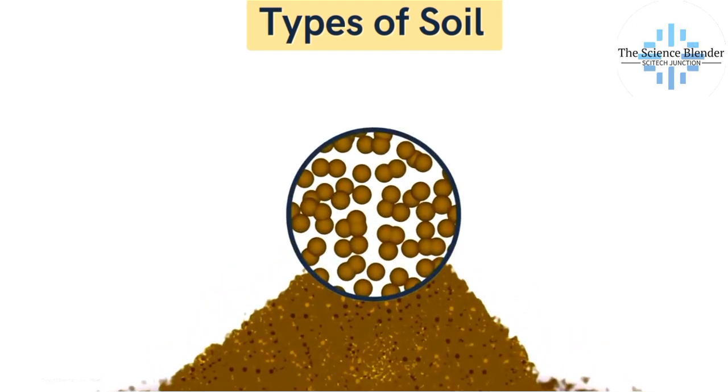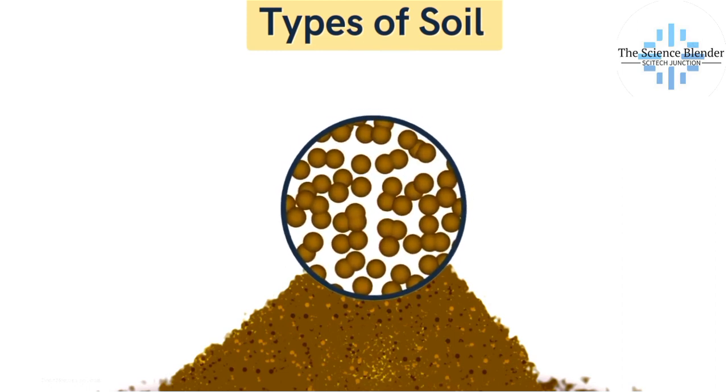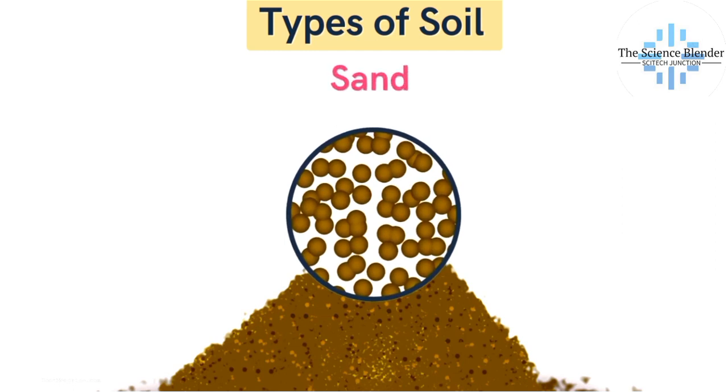Let's zoom in. You can see the particles of this type of sand. They are a bit bigger and if we look closely, they have some spaces in them. This type of soil is called sandy soil. Yes, you're right. This is the sand which you see on the beaches. And if we add water to it, it cannot retain the water.